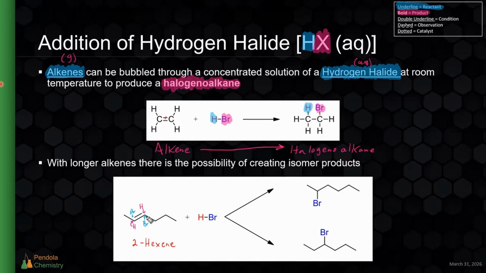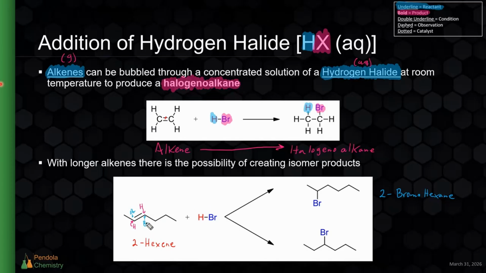Because HBr has two different atoms, one hydrogen and one bromine, we can add them in either direction and they'll give us two different results. When we add the bromine to carbon 2, we will get 2-bromohexane.